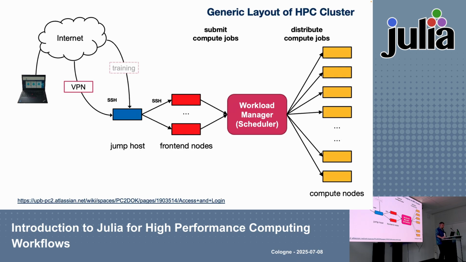And you can run your program on multiple nodes or run multiple jobs in parallel and so on. However, usually you can't just go to one compute node and run Julia there. In a non-interactive way, you have to use this workload manager, the scheduler.